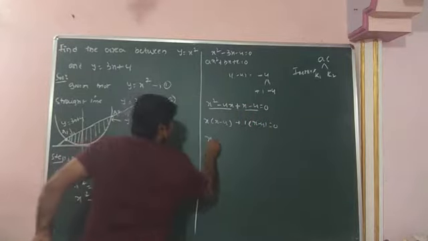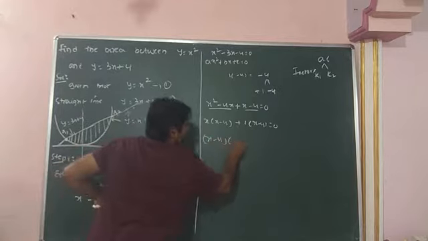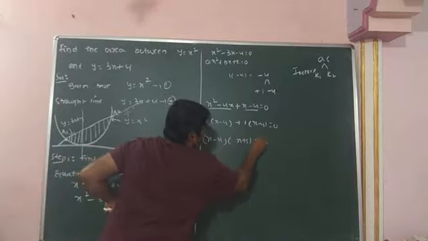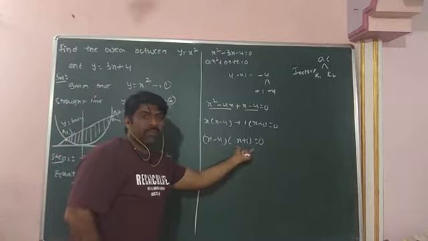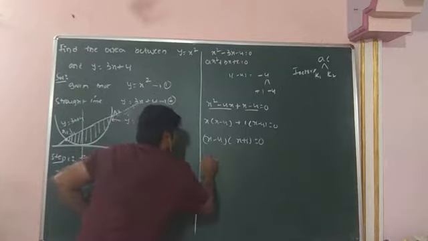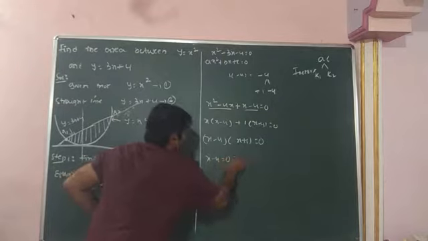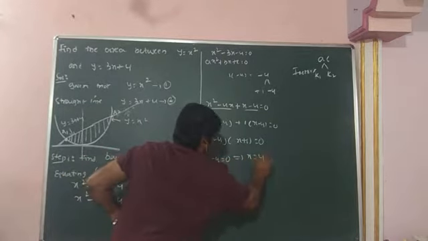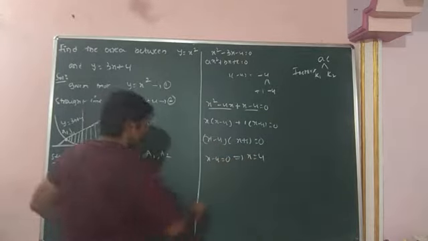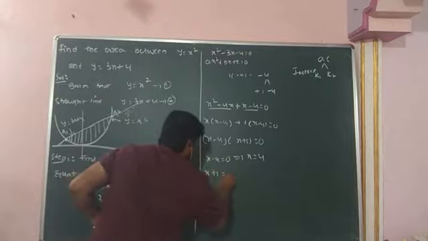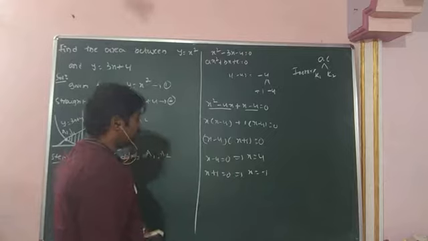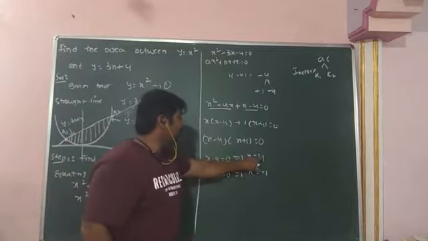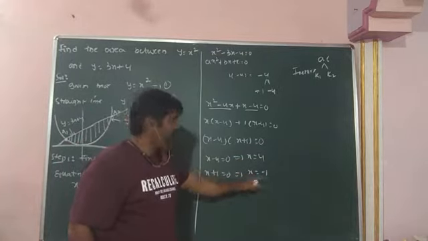So x minus 4 into x plus 1 equal to 0. x minus 4 equal to 0 gives x equal to 4, and x plus 1 equal to 0 gives x equal to minus 1. So we get x equal to 4 and x equal to minus 1.